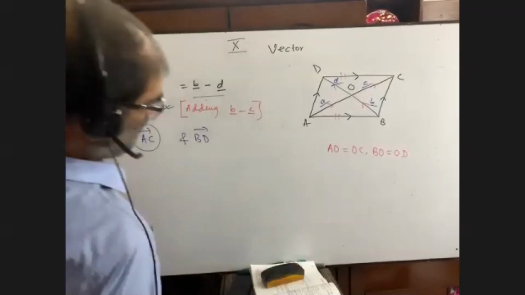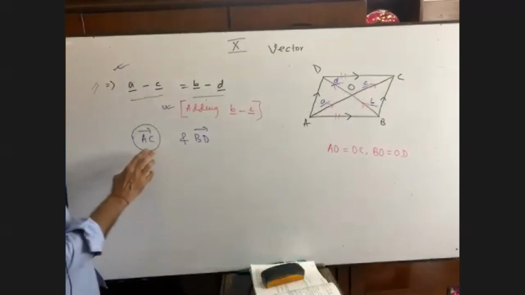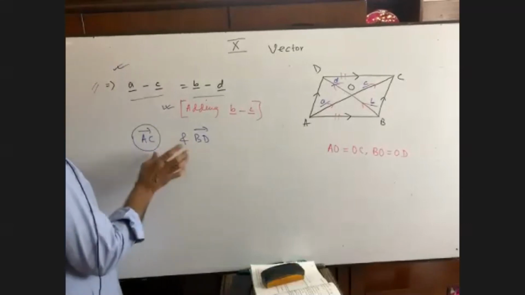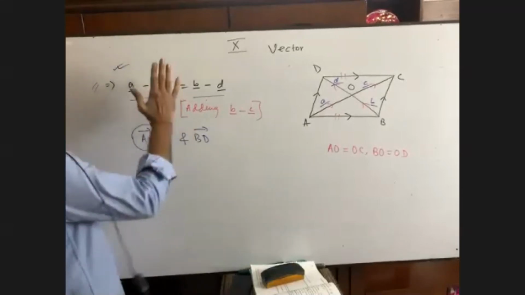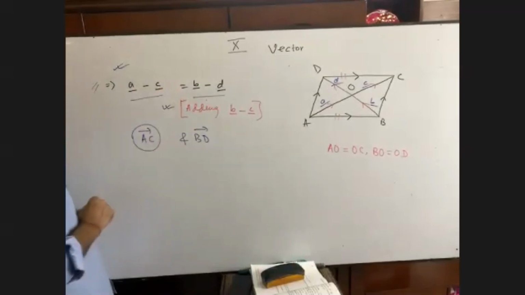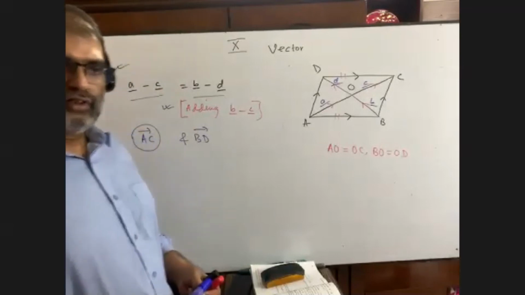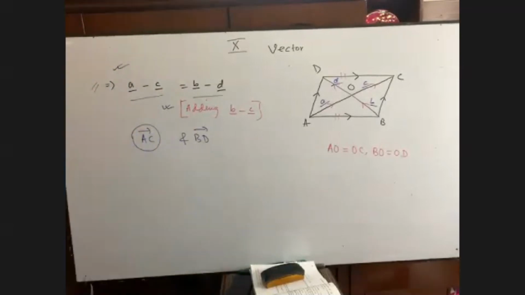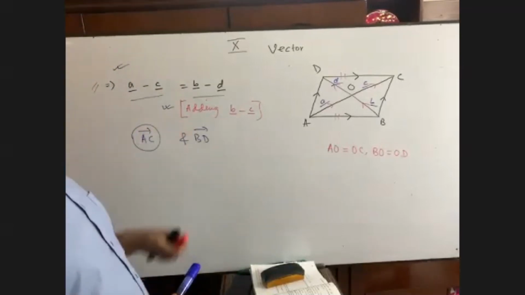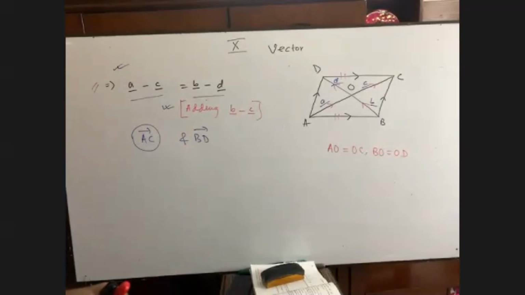It was right, earlier it was. Now the question is AC and BD, okay? Now you forget all. AC and BD, their lines of support will be what? Same or parallel, if they are non-zero vectors. But here there is no option that AC and BD are same.